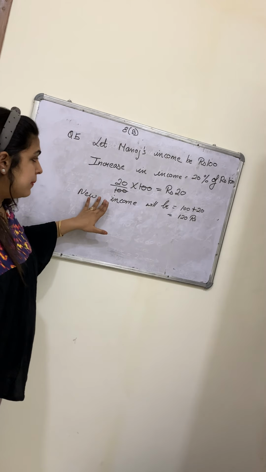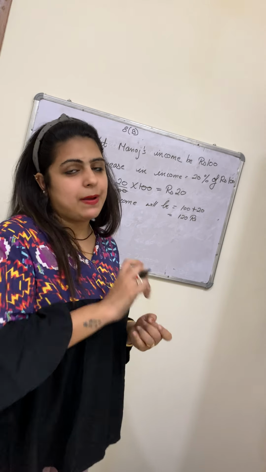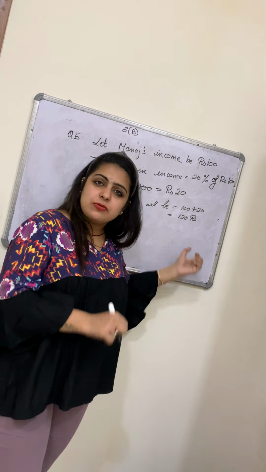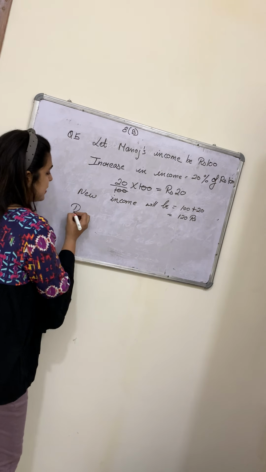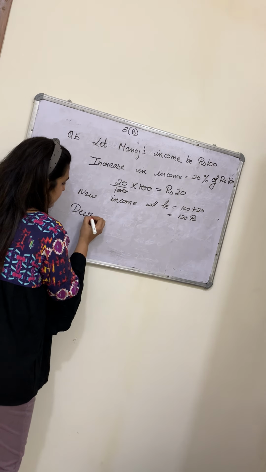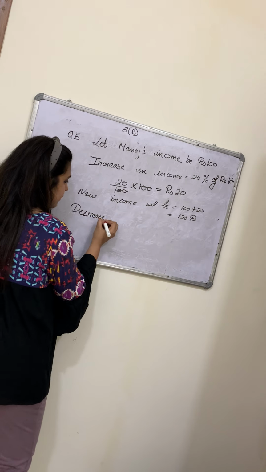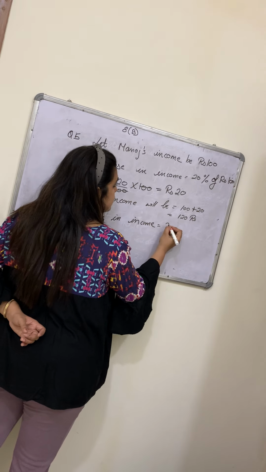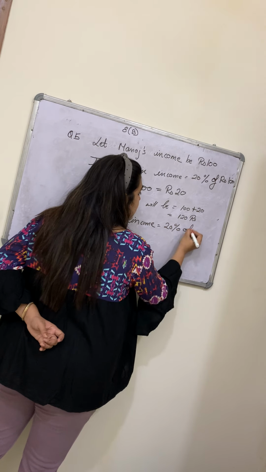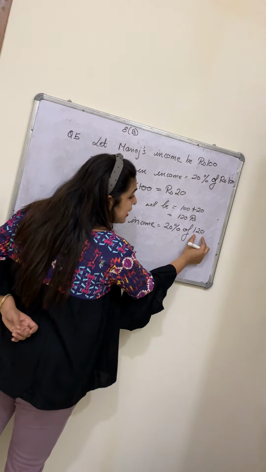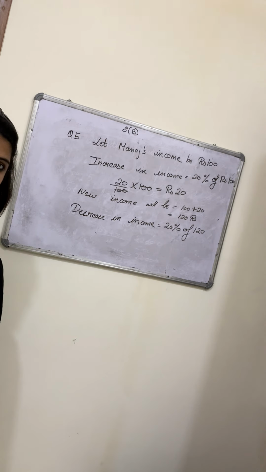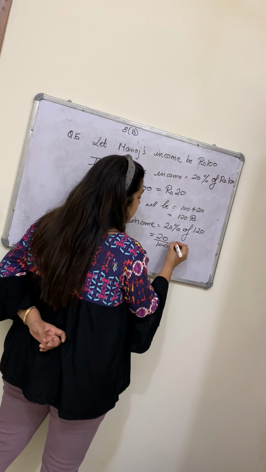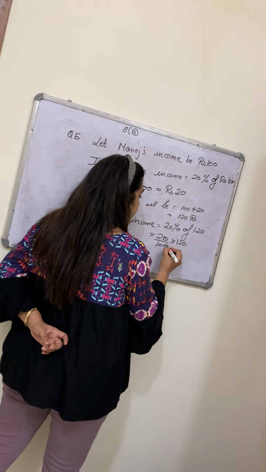Now this new income is further getting decreased by 20%. Whatever the new income is, it is getting decreased by 20%. So the decrease in income now is 20% of 120. Remember, ये नई वाली income decrease हो रही है 20% का. So 20% of 120. That is 20 upon 100 into 120.